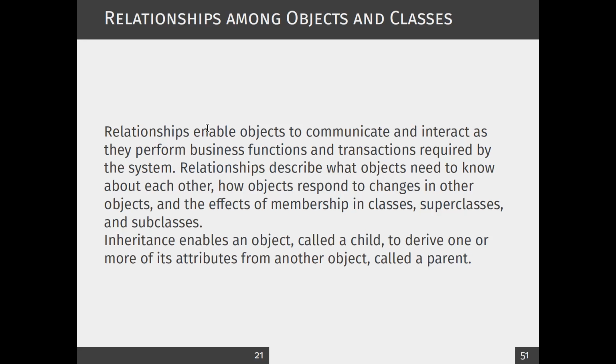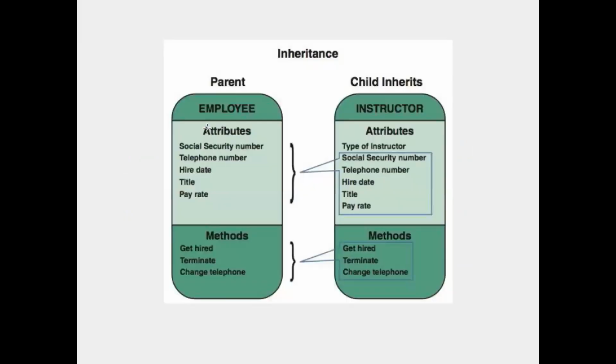And when you say inheritance, it enables an object, called a child, to derive one or more of its attributes from another object, called the parent. So you can see here the parent, and then we have the child. Here we have a blue box with a list of attributes and then the methods.